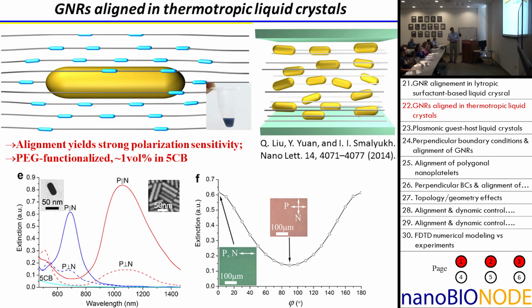And the particles can be oriented along the liquid crystal director. Now, if you observe this transmission of light through the liquid crystal using a polarizing film, you see very strong dependence, right? You here rotate the polarizer, it goes from green to red, right? And that can be very useful.